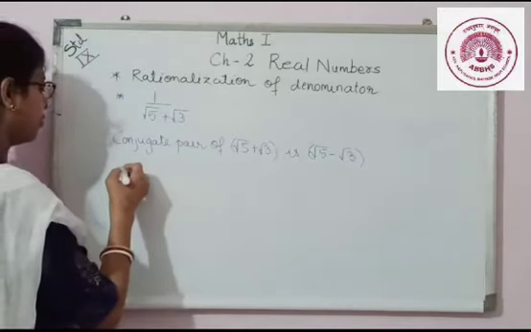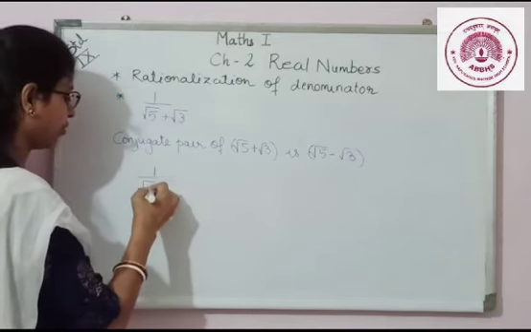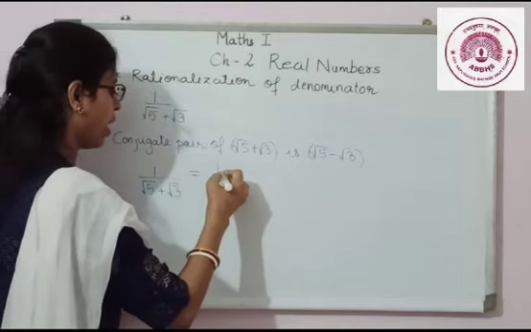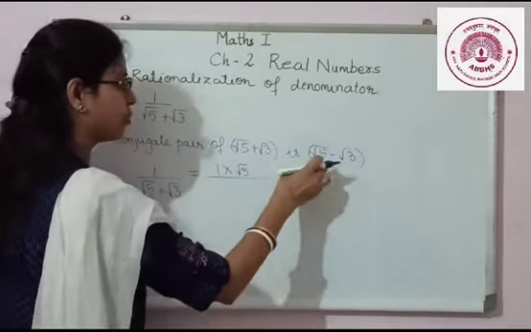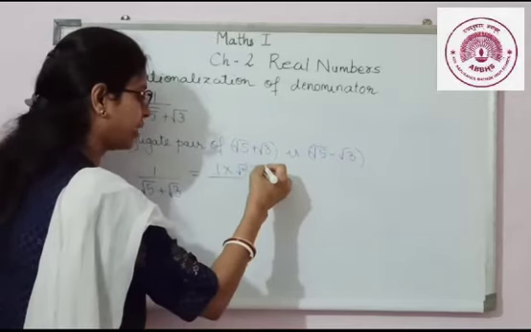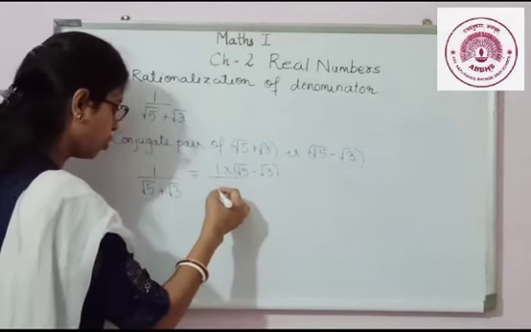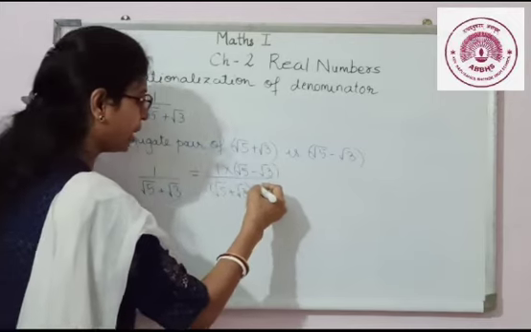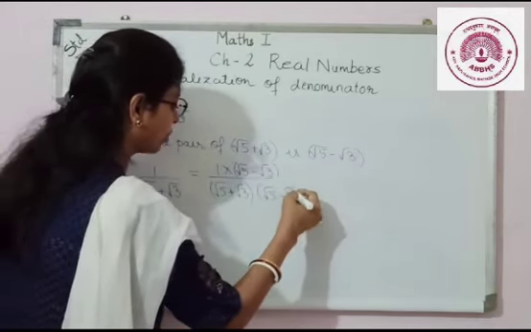Therefore, 1 upon root 5 plus root 3 equals 1 multiplied by root 5 minus root 3 in the numerator, since we have to multiply by its conjugate pair, and in the denominator root 5 plus root 3 multiplied by its conjugate pair, that is root 5 minus root 3.